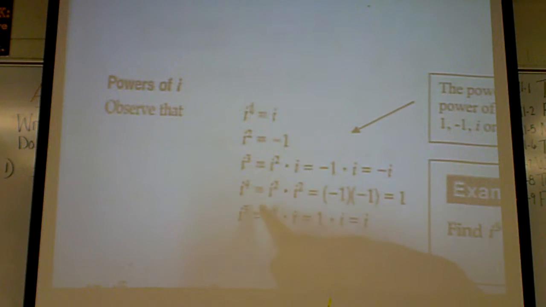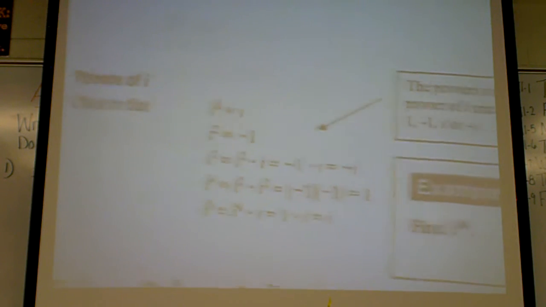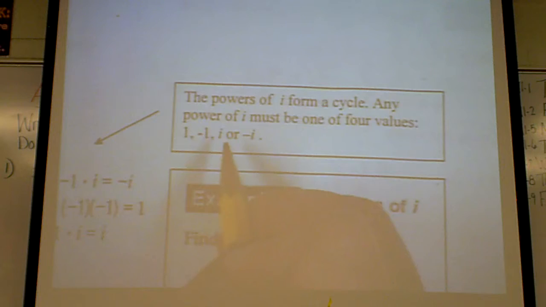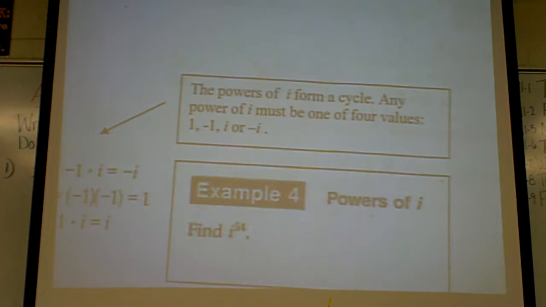If you were to complete this pattern, you're going to see the cycle repeats. You're going to get i, then if you did i to the sixth power, you're going to get negative 1, i to the seventh power, you're going to get negative i, and i to the eighth, you're going to get a positive 1. That pattern keeps repeating. Well, and I wrote that here for you, the powers of i form a cycle. Any power of i will be one of 4 values. The answer is going to be either a 1 or a negative 1, i or a negative i.